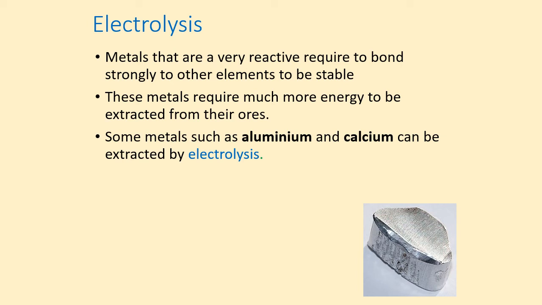And so some of these metals, such as aluminium and calcium, we have to use electricity to give a lot of energy to break that metal away from the other elements in the ore. And that process of using electricity is called electrolysis. If you remember from S1, we showed that electrolysis was needed to break apart a compound, and that's exactly what we are doing here.